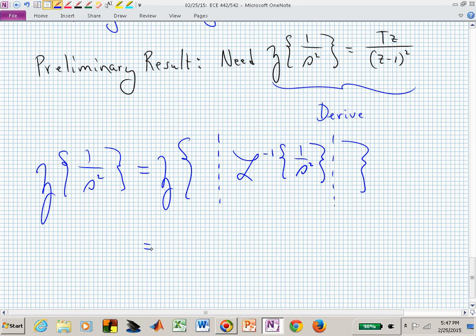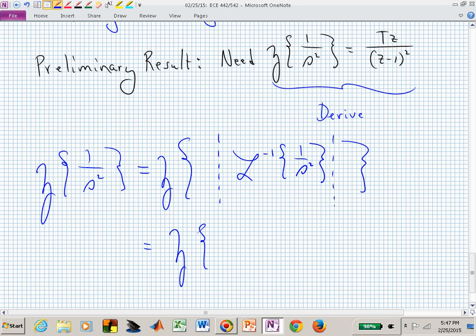If we do that, what's the inverse Laplace transform of 1 over s squared? What's the inverse Laplace transform of 1 over s? 1, the unit step. Now, dividing that by s means we're doing what operation to that constant?